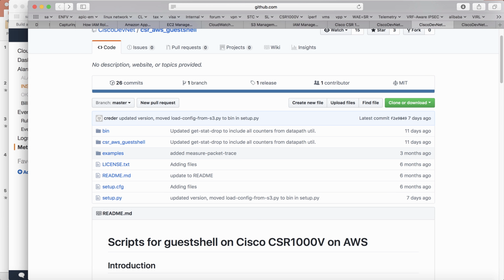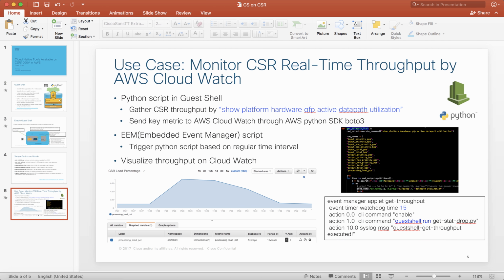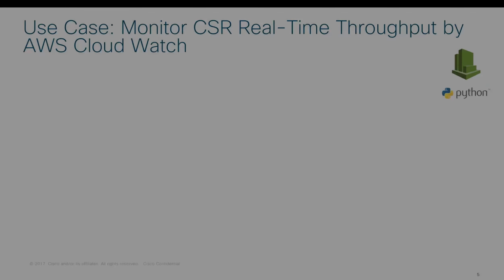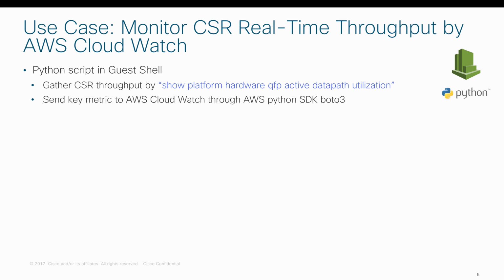So that's kind of a walkthrough of how to install the GuestShell and how to try those scripts. Let me show you a real use case. One of the challenges people raise is: what is my CSR throughput, and how do I measure what traffic went through my network? We can combine Python with GuestShell with CloudWatch.